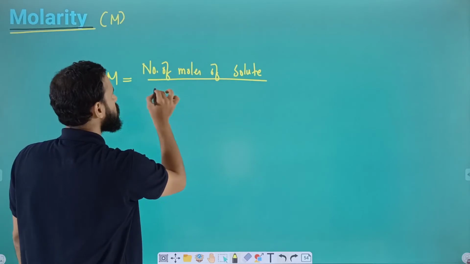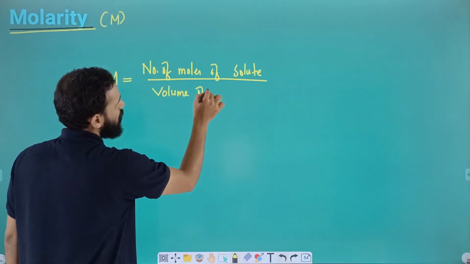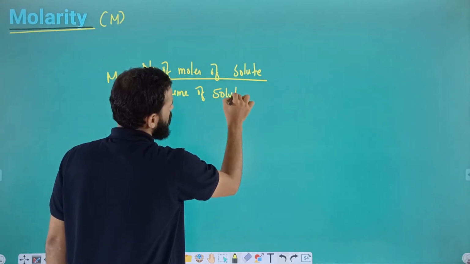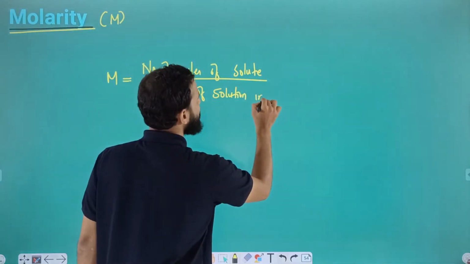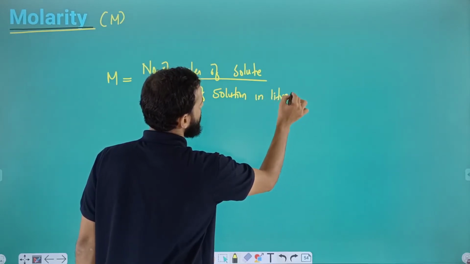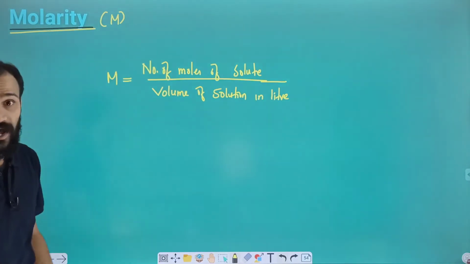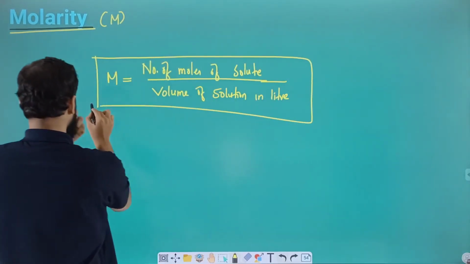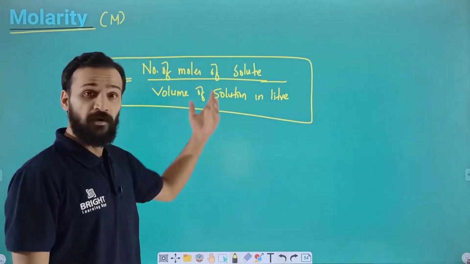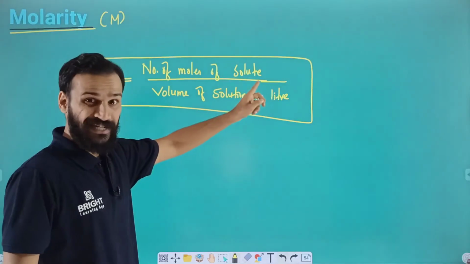So molarity is the number of moles of solute divided by the volume of solution. The unit is very important: volume of solution in liter. This is the equation we use to find the molarity.